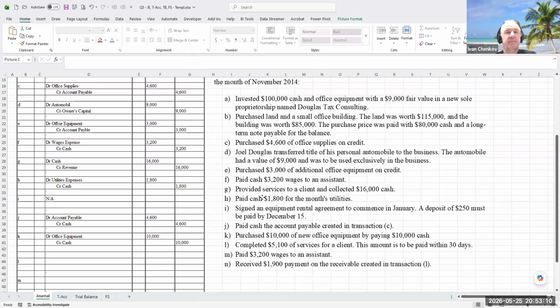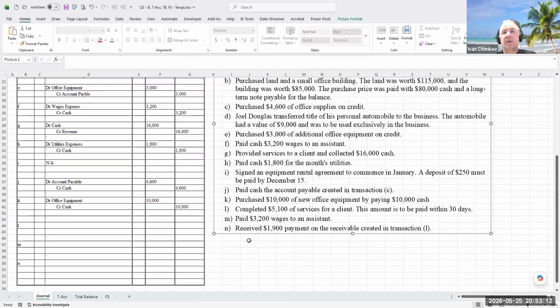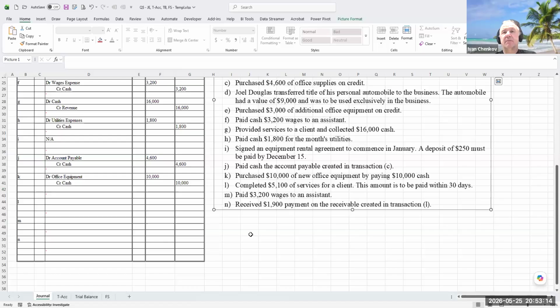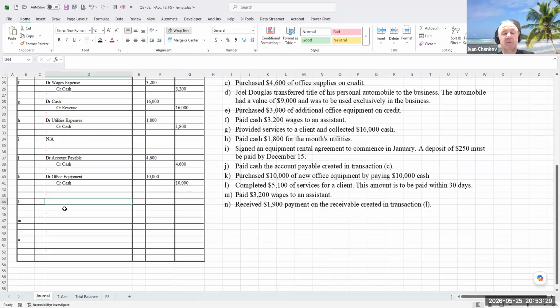Letter L. We completed $5,100 of service for a client, but this amount will be paid within 30 days. So what are we going to do? Debit. We provided the service, obviously, but we didn't get the cash.